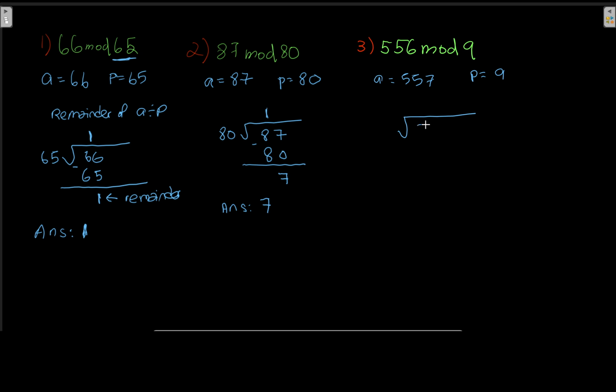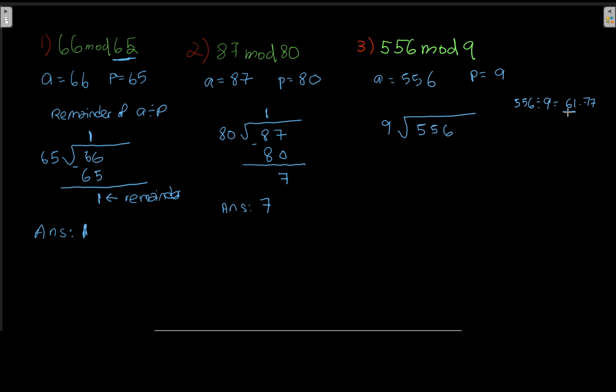When you divide 556 by 9 using a calculator, you will get approximately 61.77.